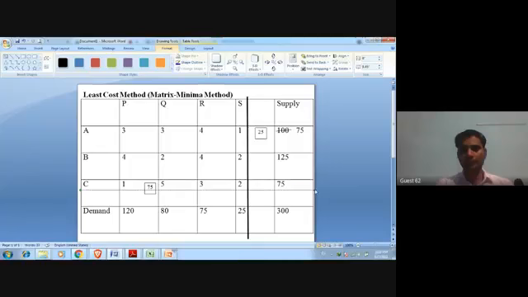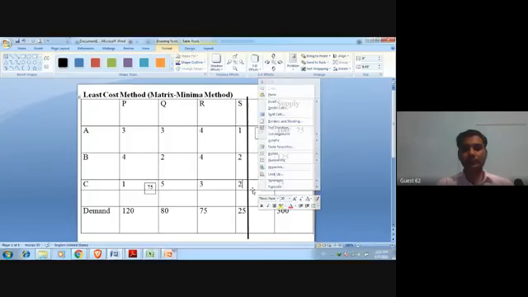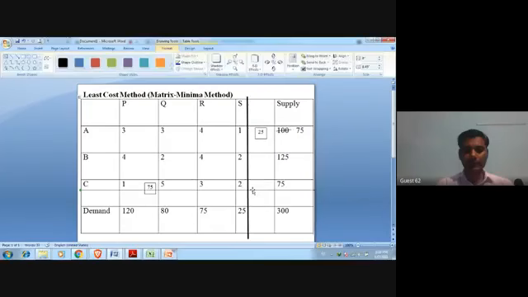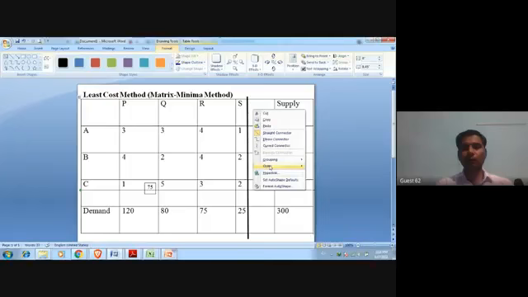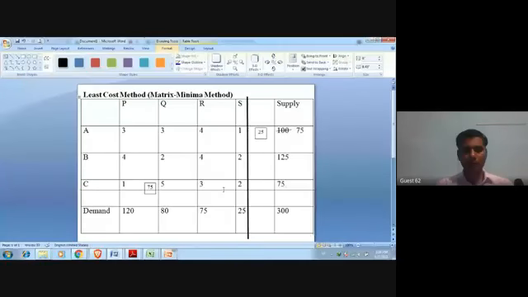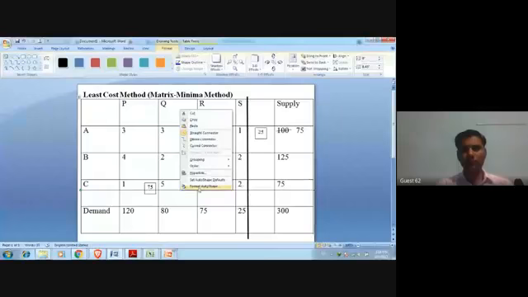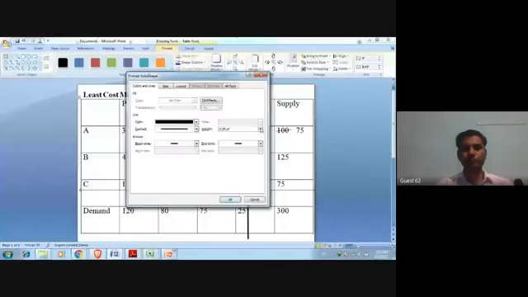So the factory C has given all the units to P. I am making the line bold. So the supply of factory C is exhausted now.